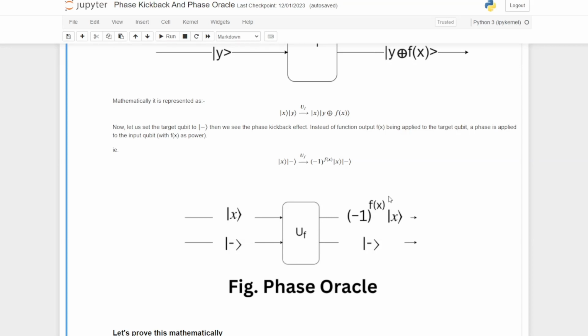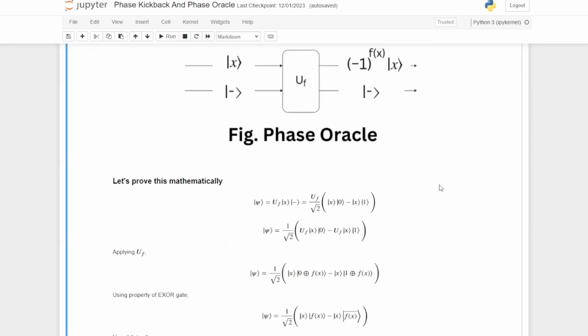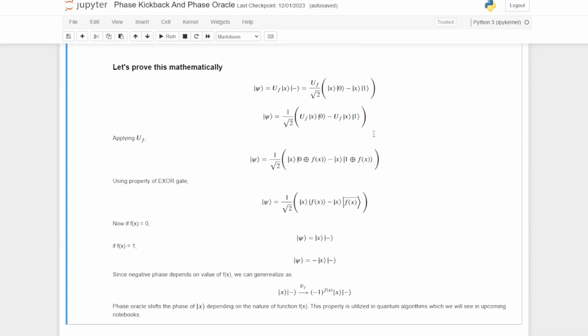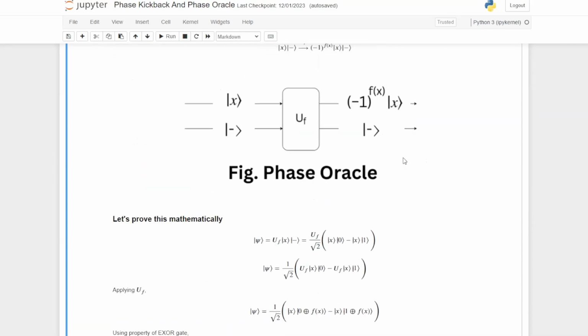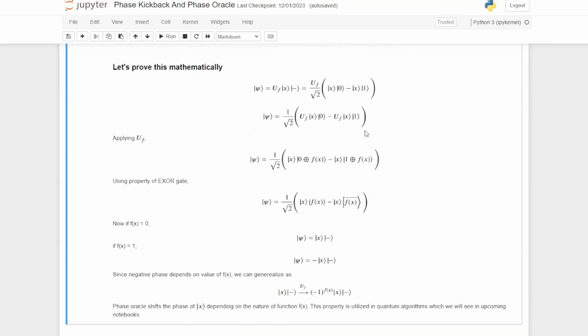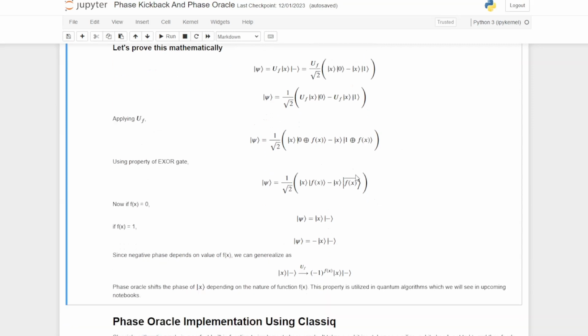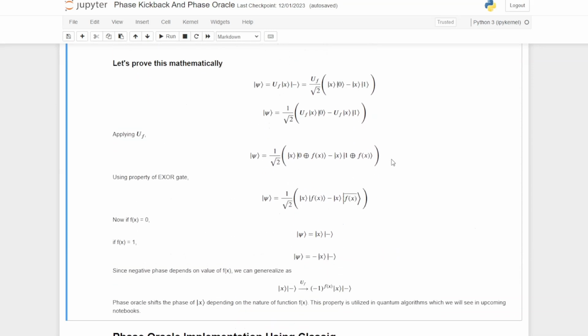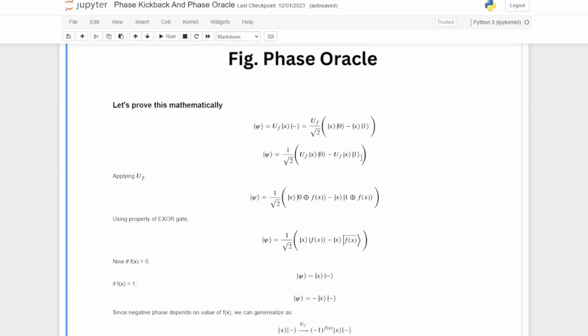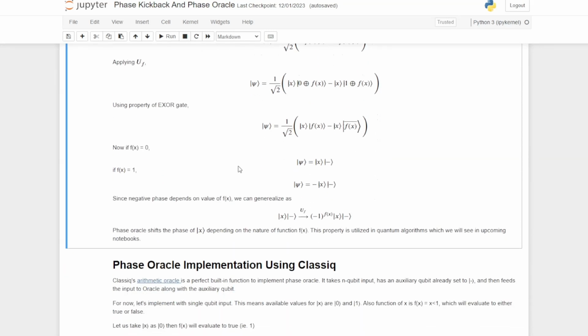If f(x) is 0, then this will not be attached, and if f(x) is 1, then it will be attached. So that's how phase oracle works, and this is a mathematical proof which you can go through. It's similar to the last example which we saw. We are just applying the formulas of oracle and doing the mathematical calculation.